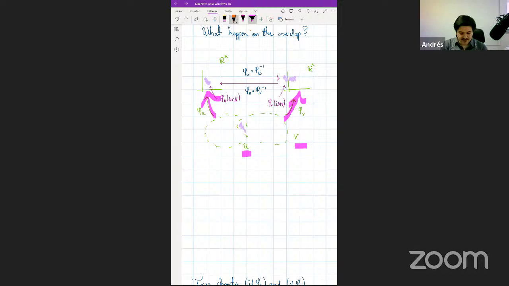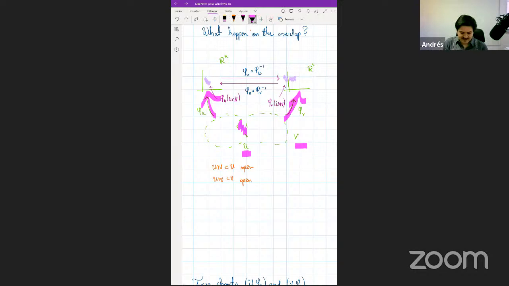Muy bien. Entonces, nada más lo que estoy agarrando es que hay puntos en común. U intersección B, open. Son abiertos.